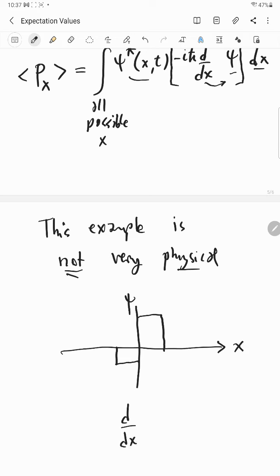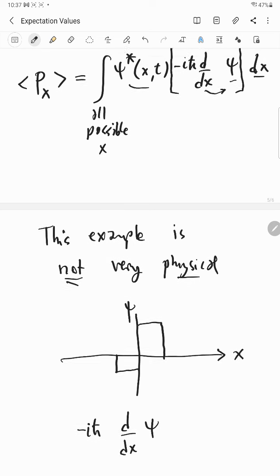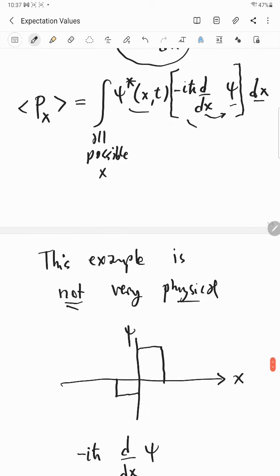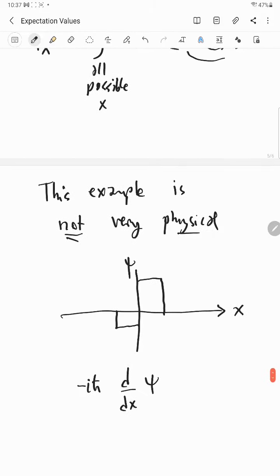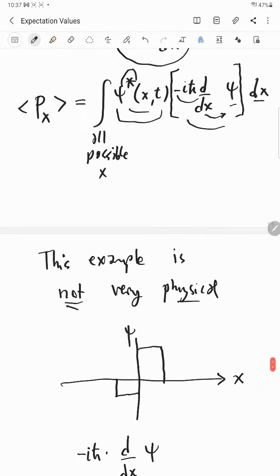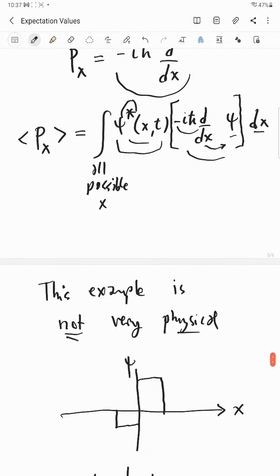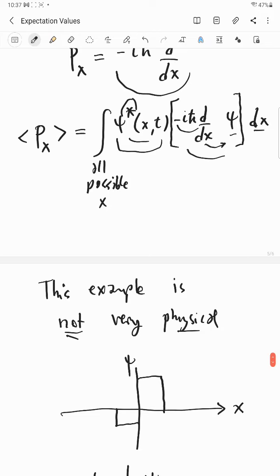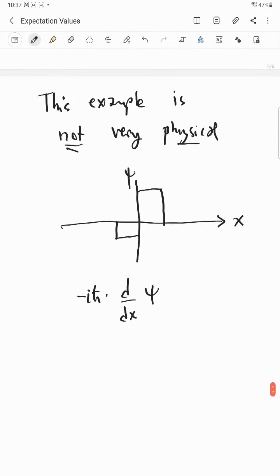So d by dx on psi, and minus i h bar is the rest of the operation; all this means is you multiply by minus i h bar. And by the way, the complex conjugate is only on psi. The complex conjugate is not hitting the minus i h bar. That's kind of an afterthought. The minus i h bar d by dx is an afterthought operation that you can do after knowledge of psi already.